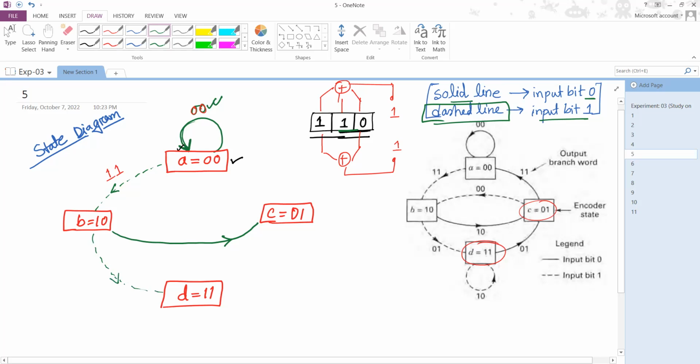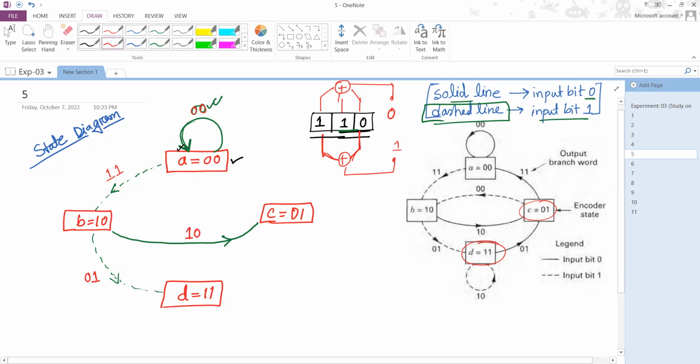And what will be the output in this case? For the first case, 1 plus 1 will be 0, and for 1 plus 0 it will be 1. So in this case the output will be 0, 1. And also for this 1, 0 to 0, 1, the output will be 1, 0.